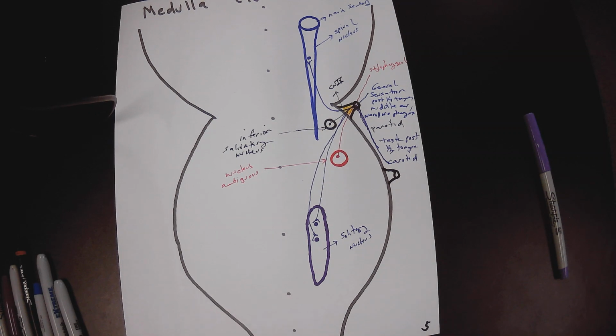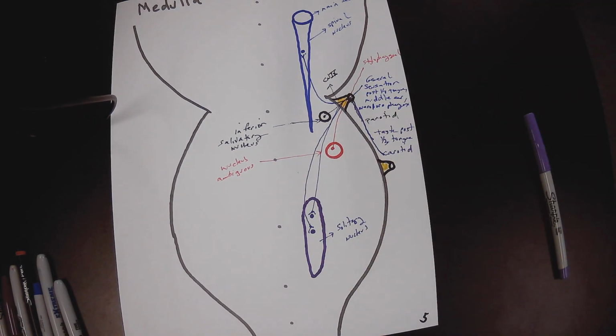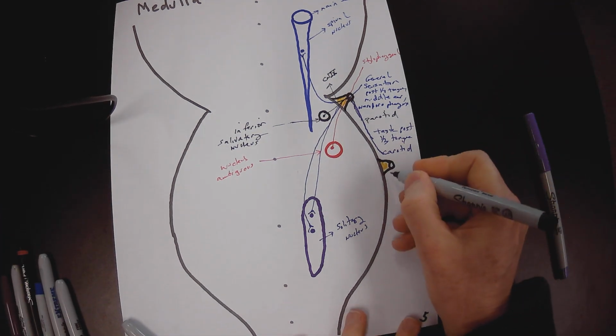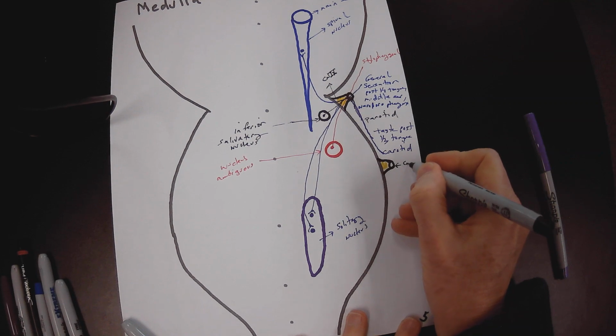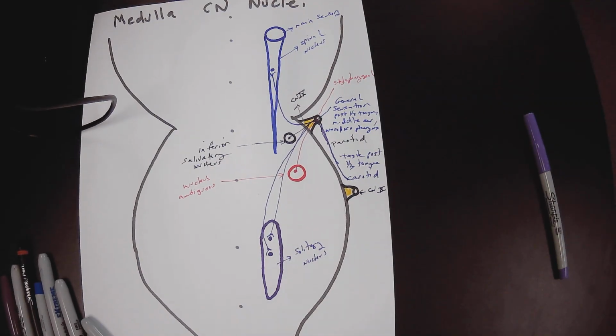It's just the next one down. I'm just trying to give us enough space to write things in there. So this is cranial nerve number 9, this is cranial nerve number 10. And that's going to be your vagus nerve. Okay, is everybody caught up?